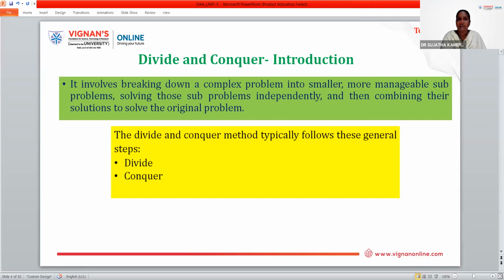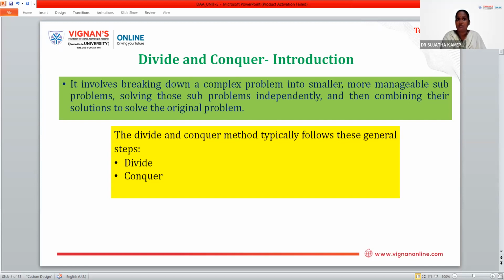This step involves breaking the problem into 2 or more parts that are easier to solve than the original problem. The key is to ensure that the subproblems are of the same nature as the original problem, but smaller in scale.